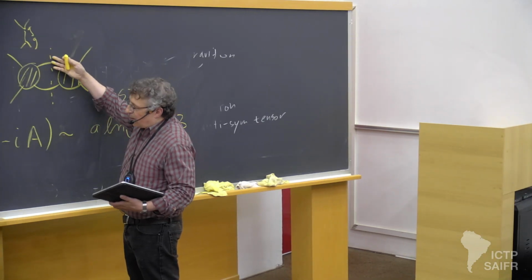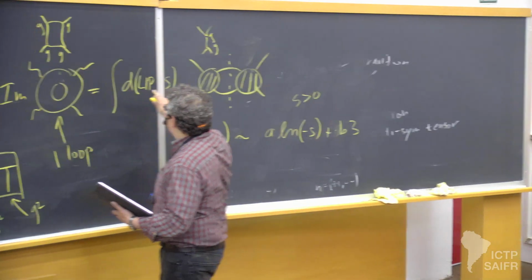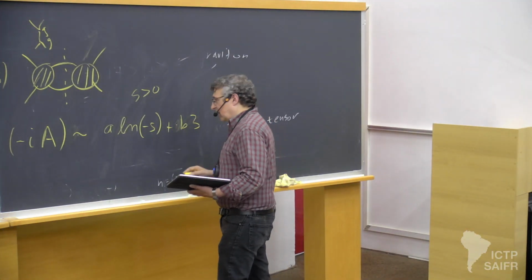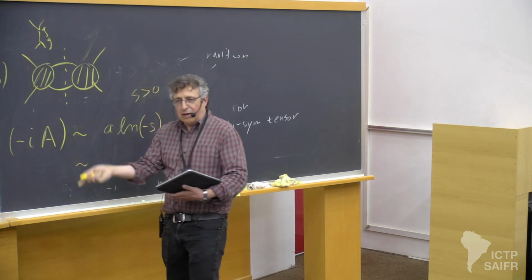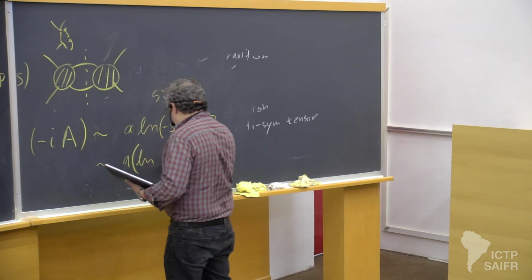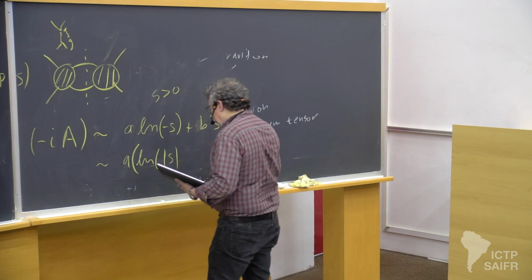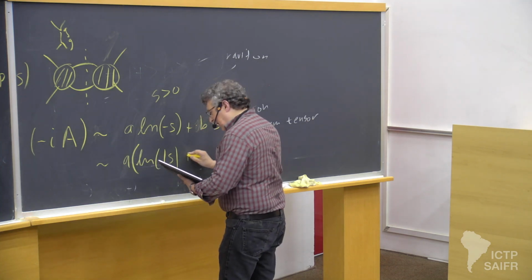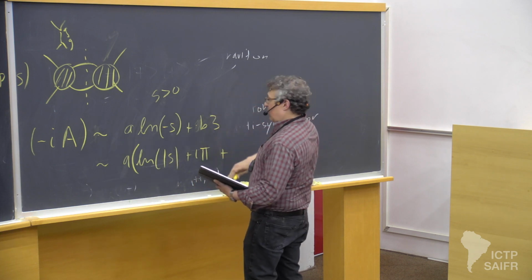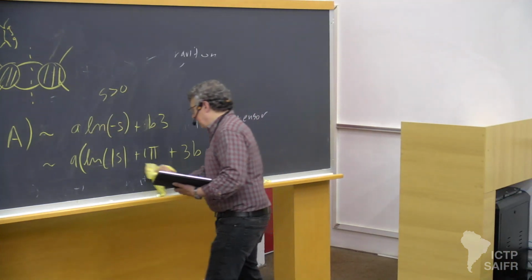If there's no physical particle, there's nothing there, but this is a statement about physical particles. So if there's a physical particle, s greater than 0, you look at that and say, oh gee, there's an i pi there. I have to analytically continue and so forth. So I'm going to get that this is A log of the absolute value of s, and then plus an i pi, and then plus, let's say, 3b.